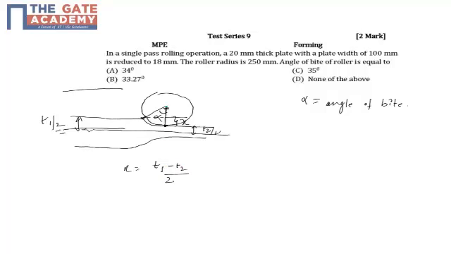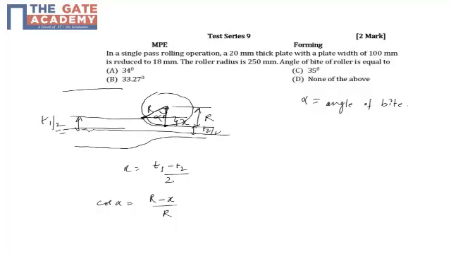Okay, and what is cos alpha from this triangle? This is r, the radius of the roller, and this total is also r. So cos alpha from that geometry will be adjacent by hypotenuse. So adjacent is total r minus x by hypotenuse, which is r, because this is a 90 degrees angle, right?